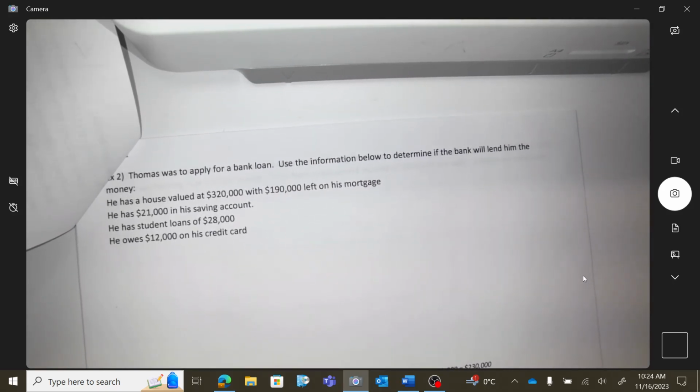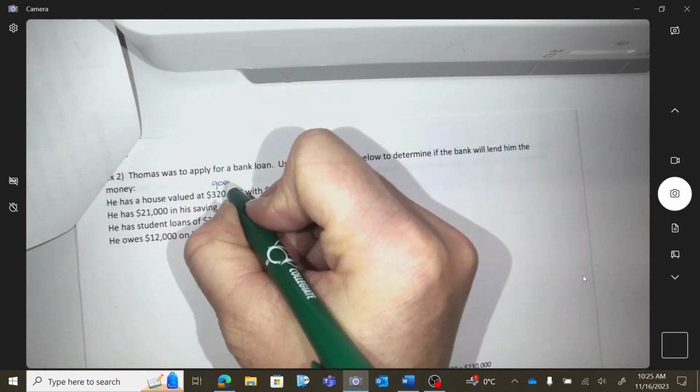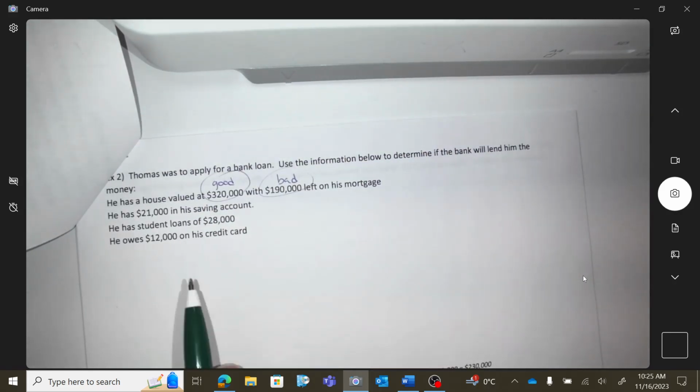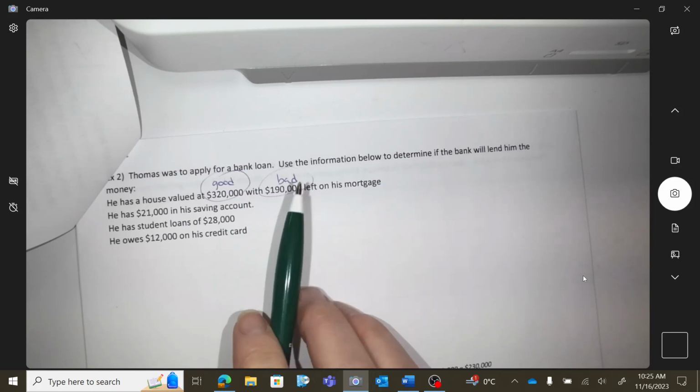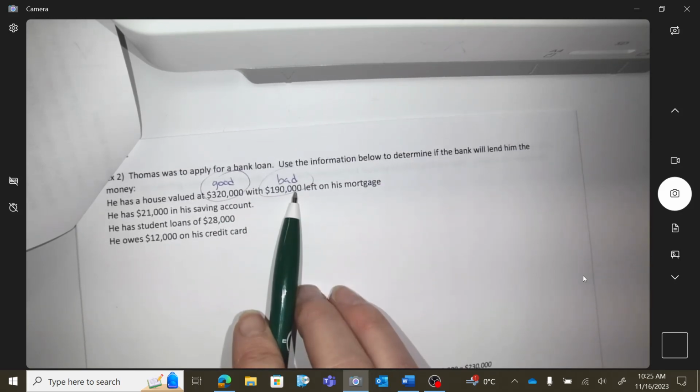Okay, Thomas went to apply for a bank loan. Use this information to see if they would lend him the money. Okay, house is valued at that, but that was left on the mortgage, so good money, bad money.